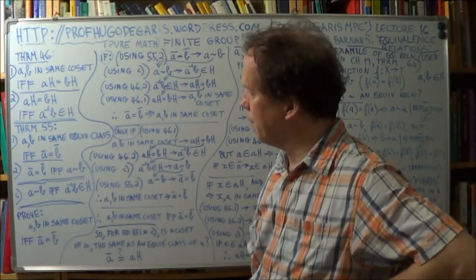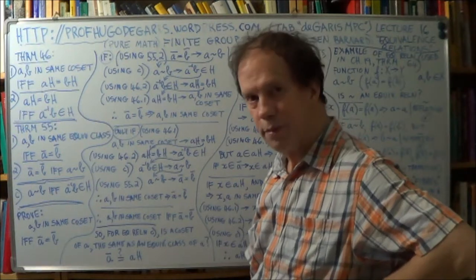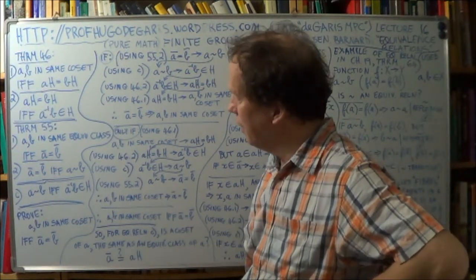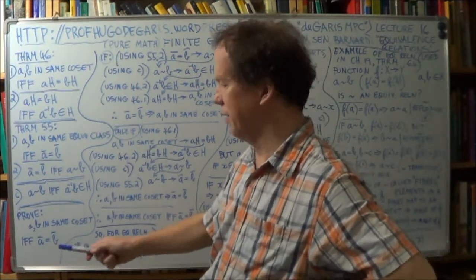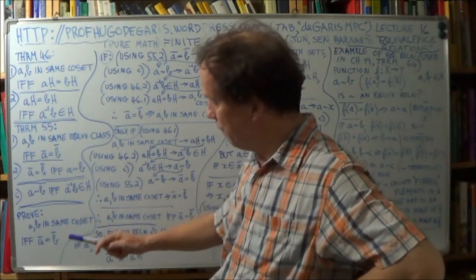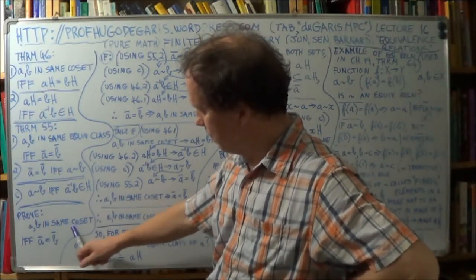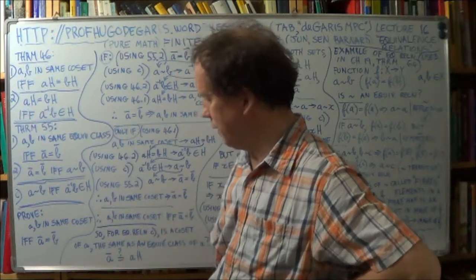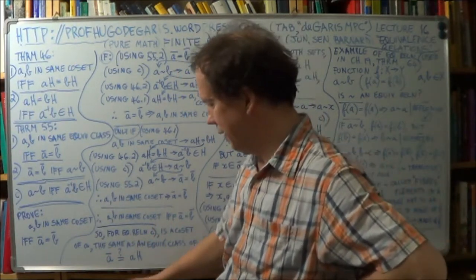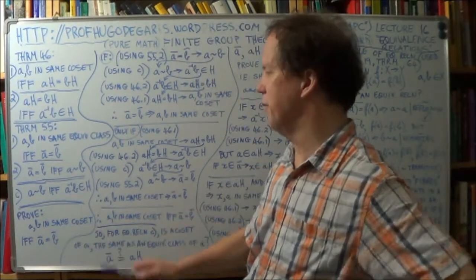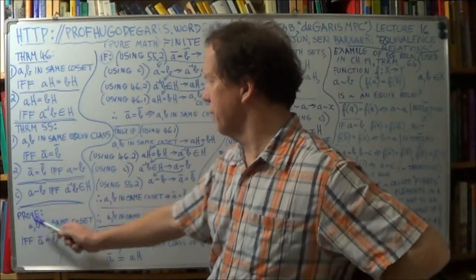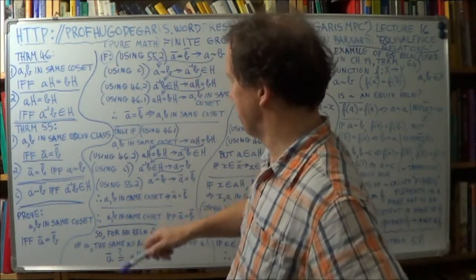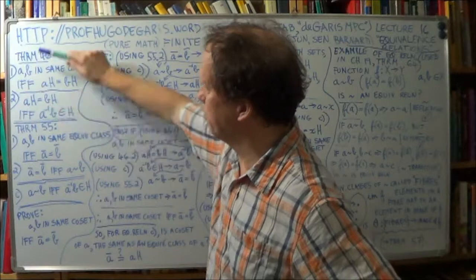So that may make you suspicious that you can link, in close, intimate ways, a coset and an equivalence class. So what we're going to try and do now is to actually prove it. There's quite a bit of proof, and I've written up some of the prerequisites.